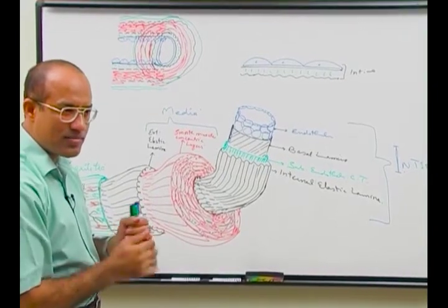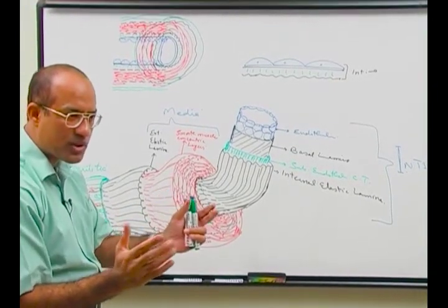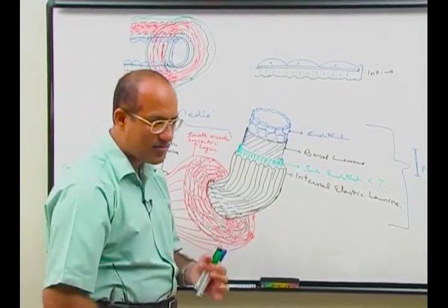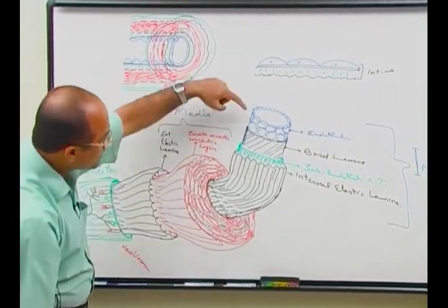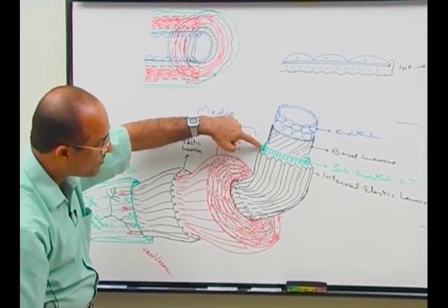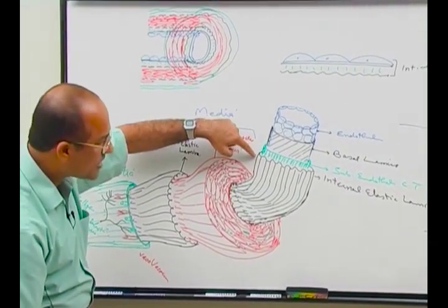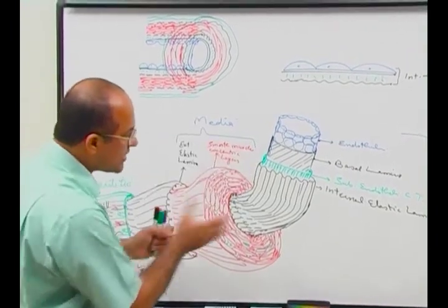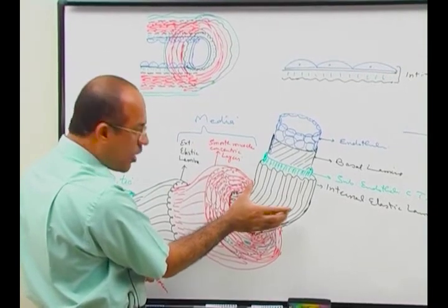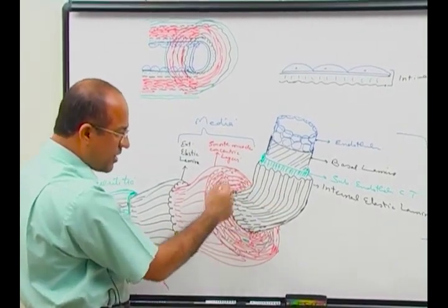Intima means the layer of the vascular system which is very intimate with the blood, very near to the blood. Am I clear? So here are endothelial cells, then basal lamina, then the subendothelial layer, then internal elastic lamina. So basically all these are intima. Then outside the intima there is media.